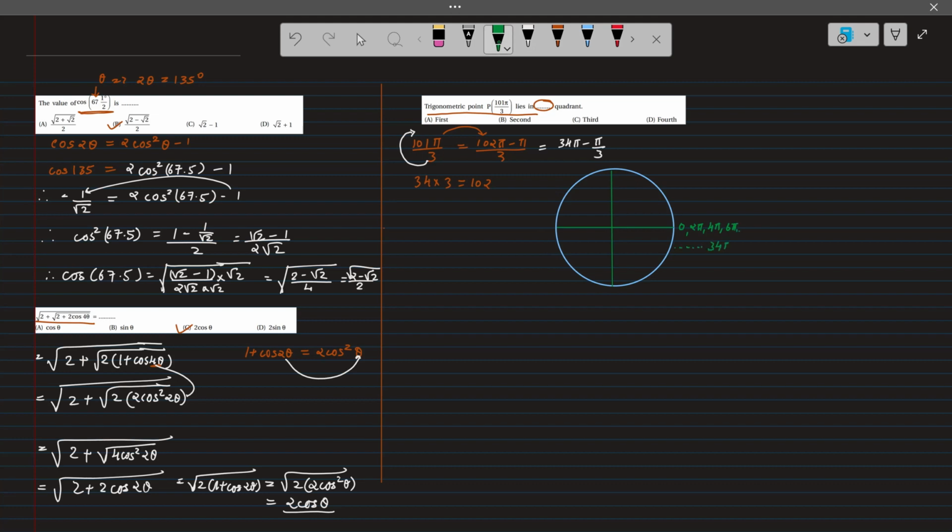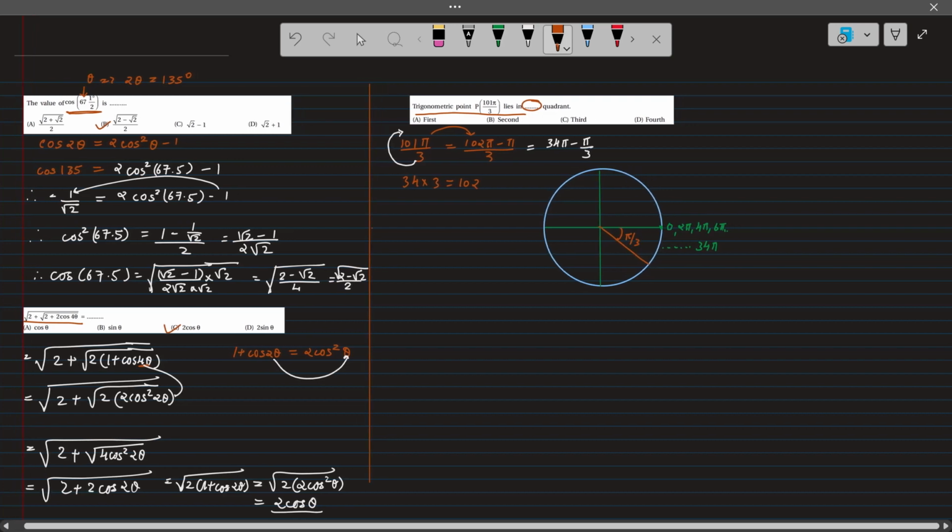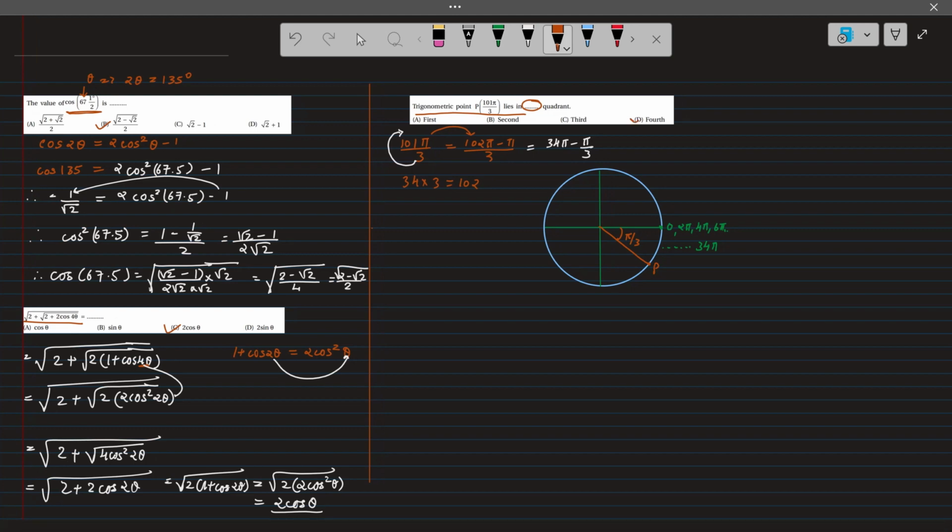So 34 pi also comes at this point. Minus pi by 3, it is less than 34 pi. So our point is actually in the fourth quadrant, minus of pi by 3. 34 pi minus pi by 3 comes to be in fourth quadrant, option D.